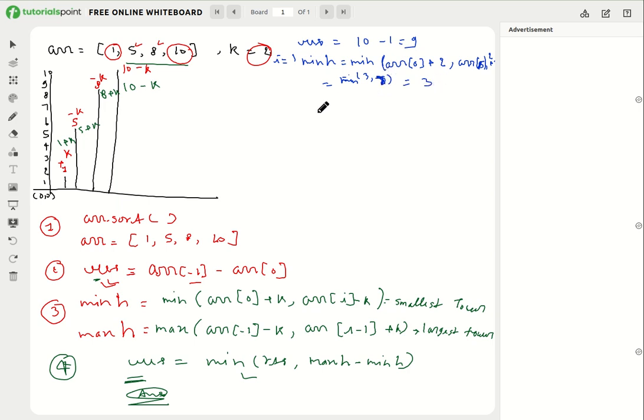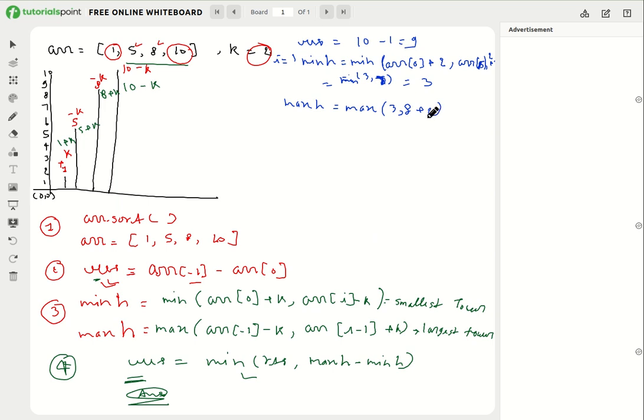So like this we will calculate the maximum height. It will be the same, array of 0 plus 2 is 3, and then again we will go to the next iteration, so it will be 8 plus 2, so it will be 3 comma 10.